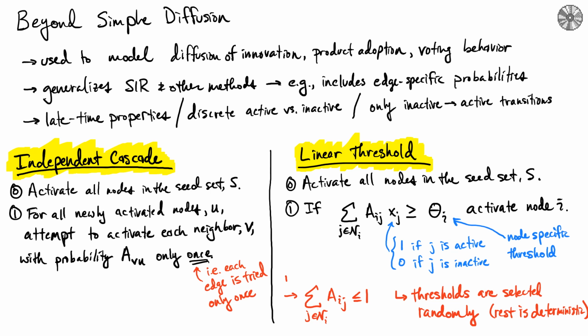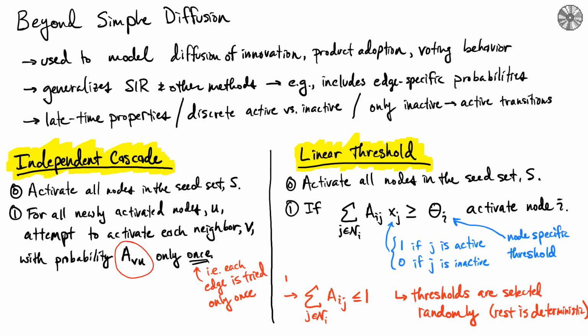those same edges again. In this case, the adjacency matrix importantly includes probabilities on the edges. So the graph itself encodes the probabilities of communicating or activating a node that is a neighbor. Again, each edge is really only tried once.